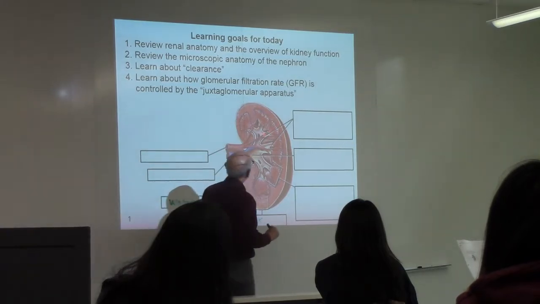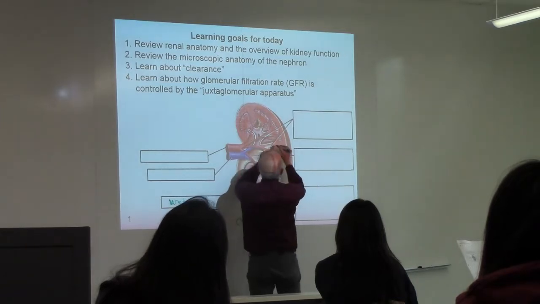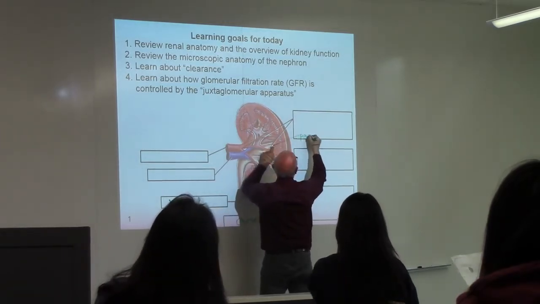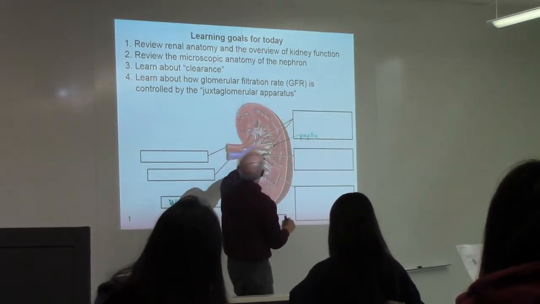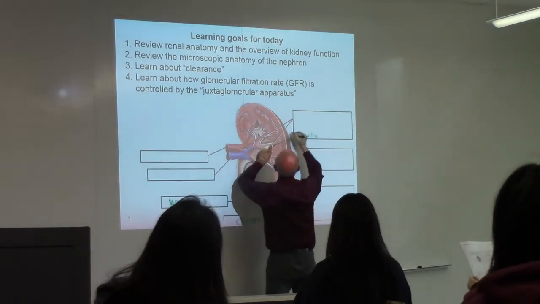Okay, so I can see what you're saying, yes. So if it were pointing to this spot right here, we would call it a papilla. If it's pointing to this area right here, what would we call it? A minor calyx.